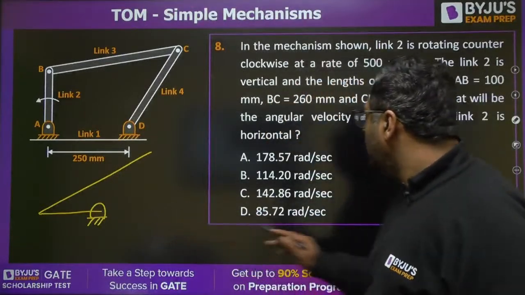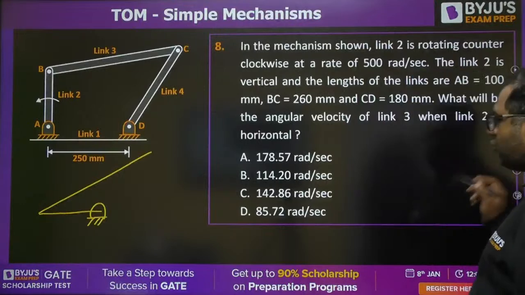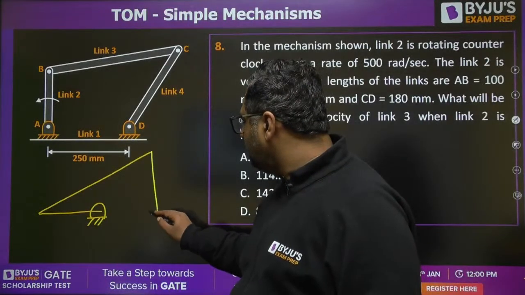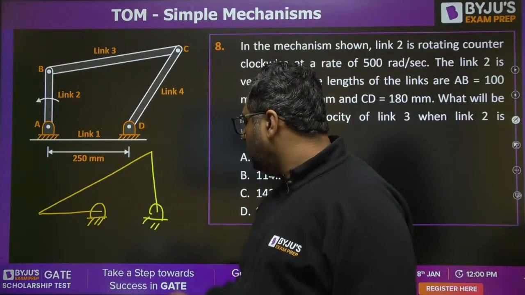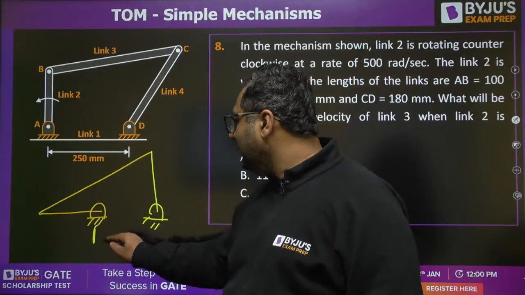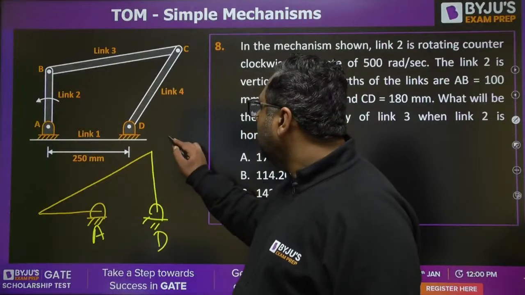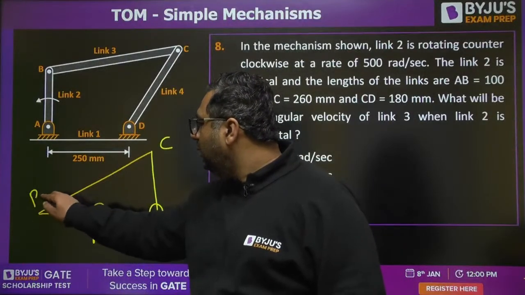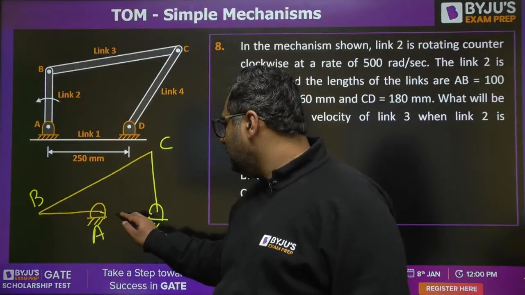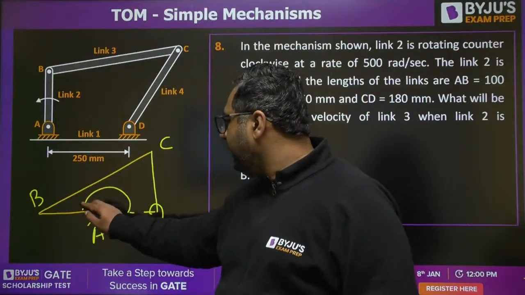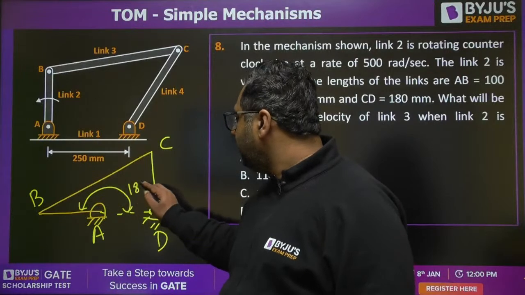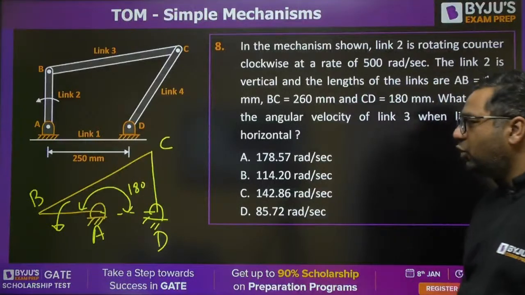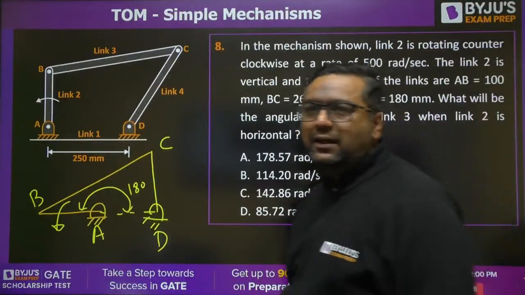So I am covering all the types of question for you guys. This is A, B, this angle is 180 degree. This rotation is given to us. So you know how we have applied the instantaneous center analysis here.